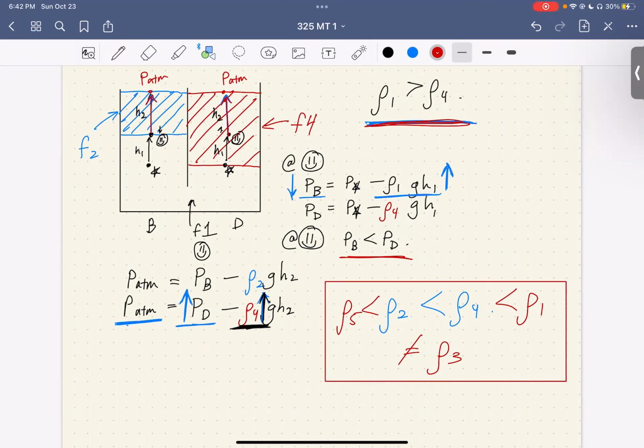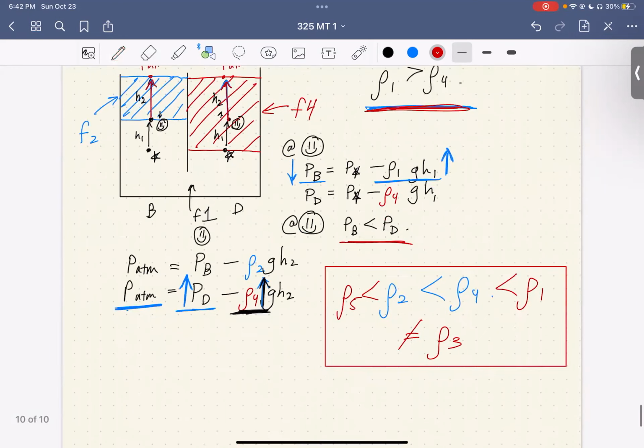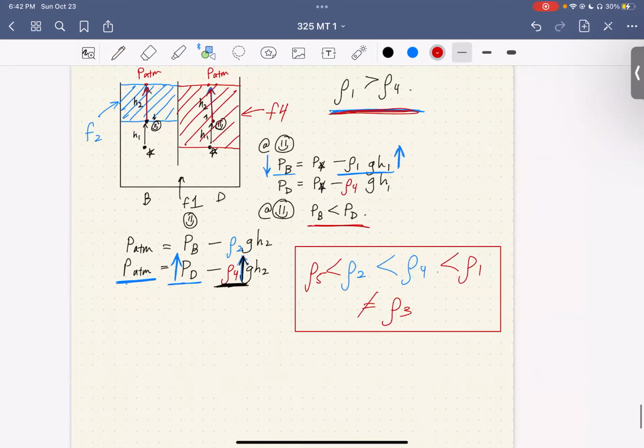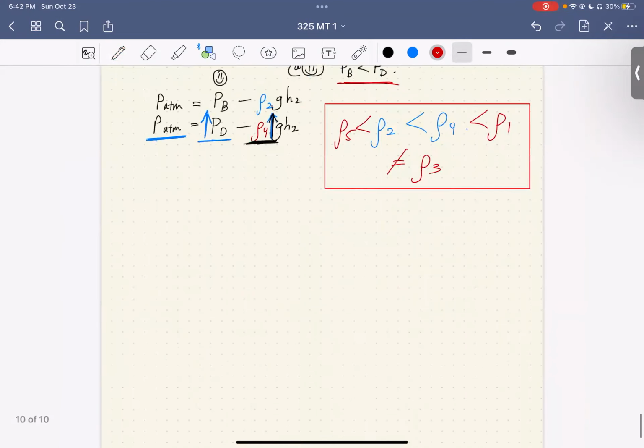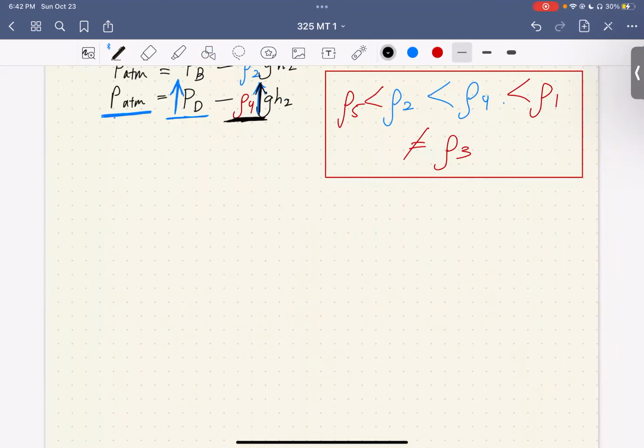Now, lastly, let's compare PD. So what I'm going to do is draw it out one more time. Please note that I'm just walking through this slower. Great.